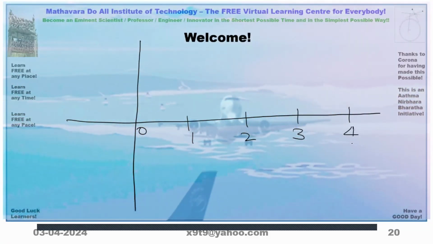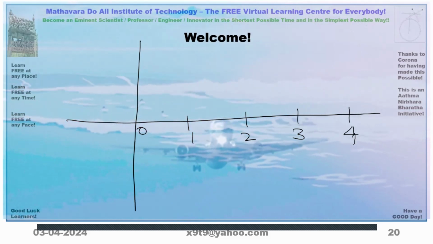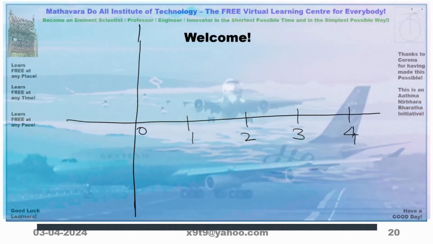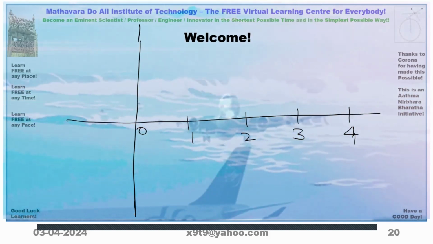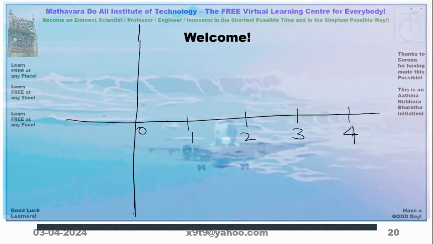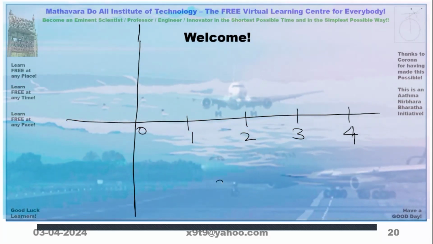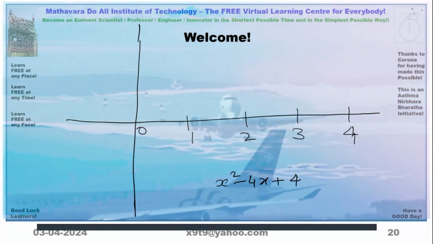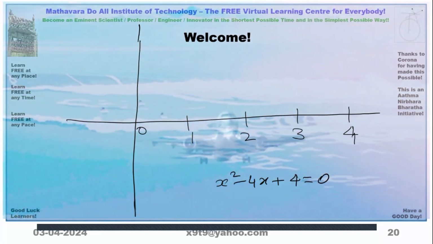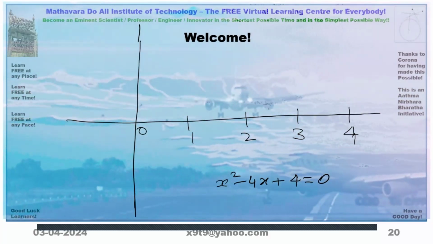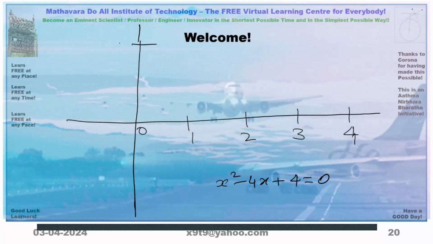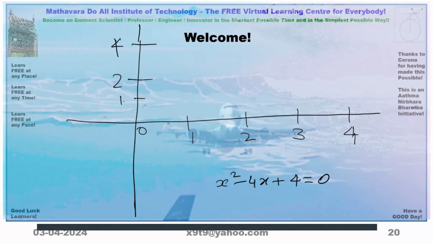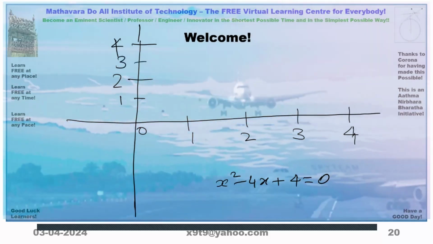So minimum will be 0. Let us see. Yeah. Now, since I have erased this equation, it is x square minus 4x plus 4 is equal to 0. When you write x is 0, we will get 4. So let us say this is 4, this is 2, this is 1, this is 3.